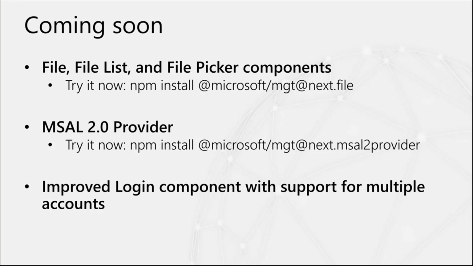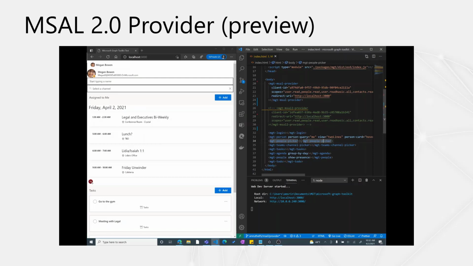There's also a video on the next slide that shows you how easy it is if you already have an app using the MSAL provider. So basically, if you want to switch from MSAL to the MSAL2 provider, you also have to have a different app registration, and you have to register your redirect URIs as a single page application, but we will definitely be giving you docs for that to make sure that your experience with that is as seamless as possible.